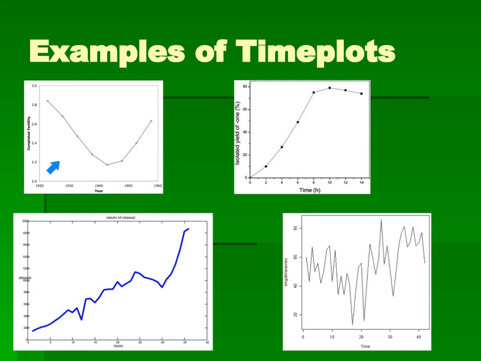So for example, if I were to describe this time plot in the upper left-hand corner, looks like my variable of interest is completed fertility. So maybe it's on people who are completing fertility treatments to try to get pregnant in these years. I would say something like completed fertility decreased from 1920 to 1940, then started to slightly increase until about 1950, and then increase a little bit faster until 1960.